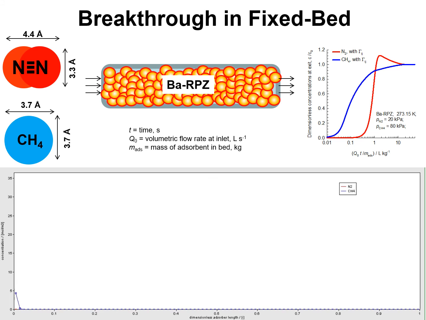Let's have a look at the animation showing the development of the concentration profiles of methane, shown in blue, and nitrogen, shown in red, as they develop along the length of the fixed bed.